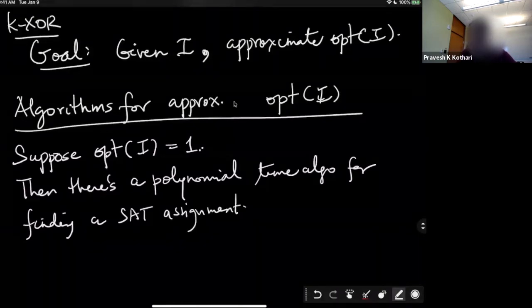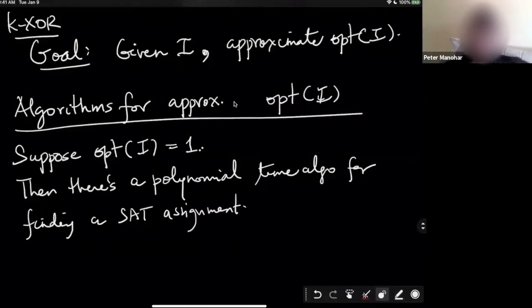So feel free to unmute yourself and tell me why. So this is a simple claim. I'm claiming that if all constraints in the instance I can be satisfied by some assignment, then in fact I can find such an assignment. Why is that true?